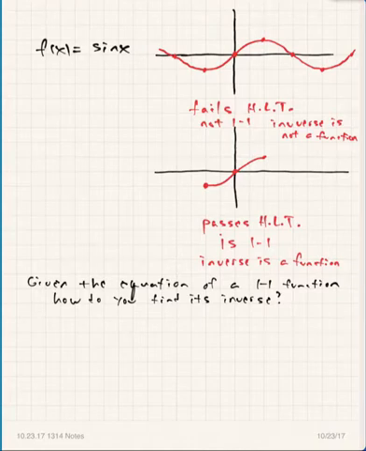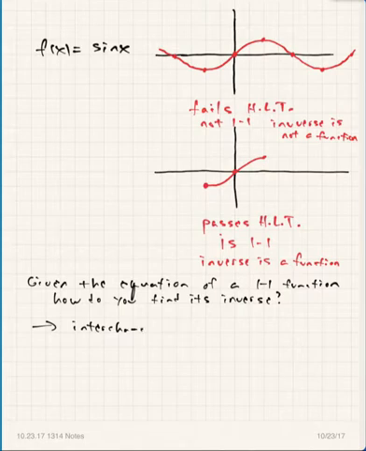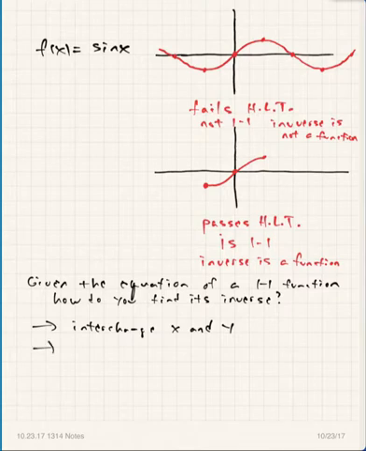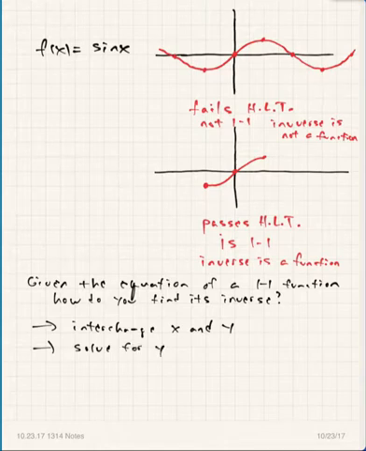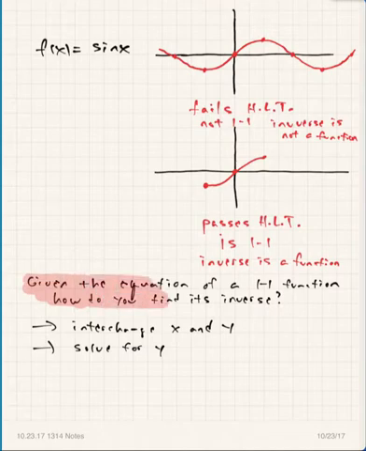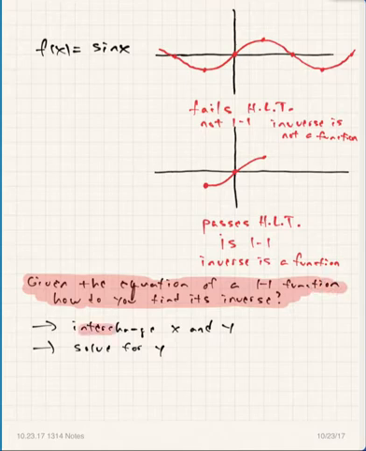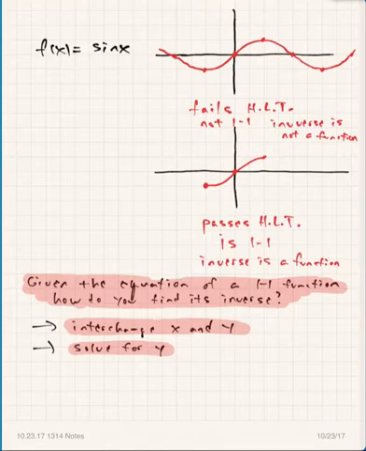What you're doing is you interchange x and y, you switch x and y, and then you put the equation in function form, you solve for y. This is kind of the last big thing to talk about with inverses. And then we're going to piece all this together and look at a decent number of problems. Interchange x and y, solve for y. That's the two-step process for actually creating an inverse function if you're given an equation. Not a graph, but an equation.